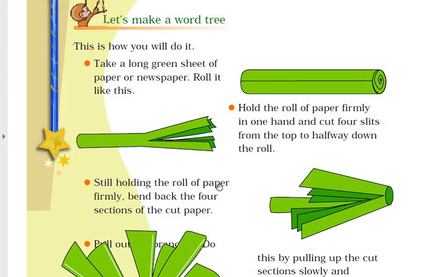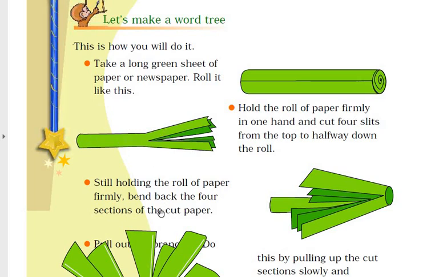Next, still holding the roll of paper from one end, bend back the 4 sections of the cut paper. So the portion that you have cut, you do not have to cut it all. See, only half of it has been cut, so you have to turn it backside.